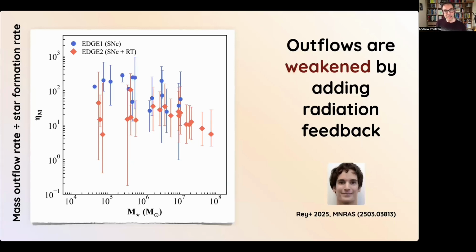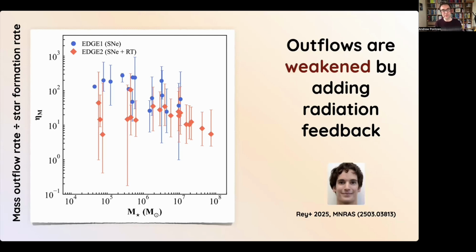Now, one of the things that we've been emphasizing throughout this project, and most recently in a paper that introduced a second generation of these simulations, which my ex-PhD student Martin Rey authored, is that getting the physics at this resolution correct is absolutely vital. And one of the things that has really come out of this is that incorporating the radiative transfer of these ionizing photons from young stars is absolutely crucial.